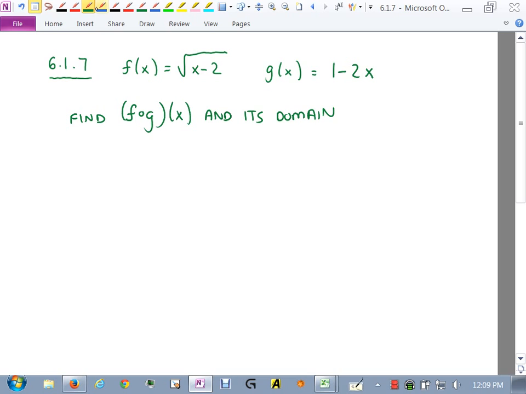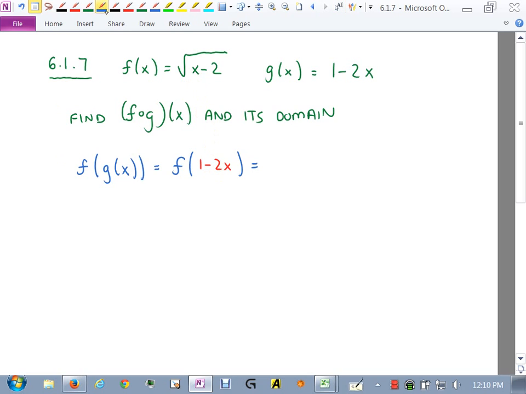Okay, here we go. So let's write this down: it's f of g of x. I replace the g with 1 minus 2x, right? Then I feed that into the f function. That means that this x gets replaced with 1 minus 2x.